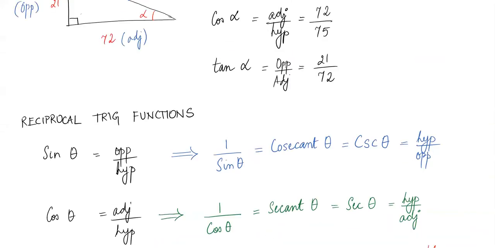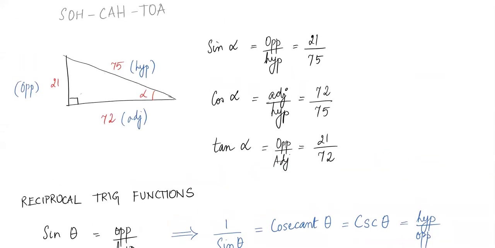Okay, so if you go back to this problem that we just saw, we can now do the other functions, right? If I were to do the reciprocal of sine, the name for it is cosecant. They said find, oh, it's alpha, not theta.